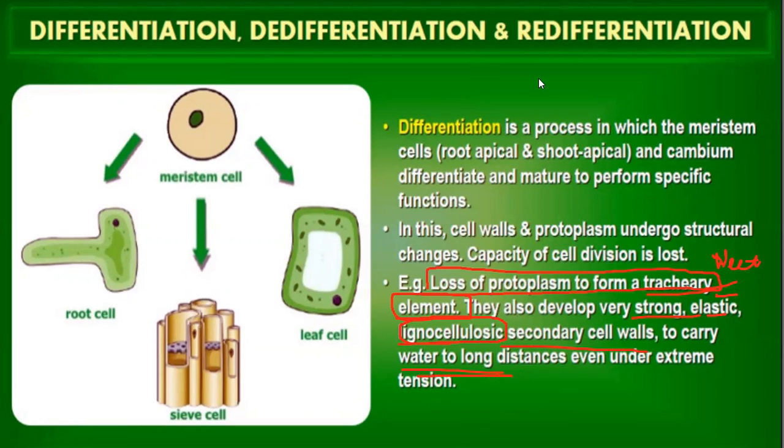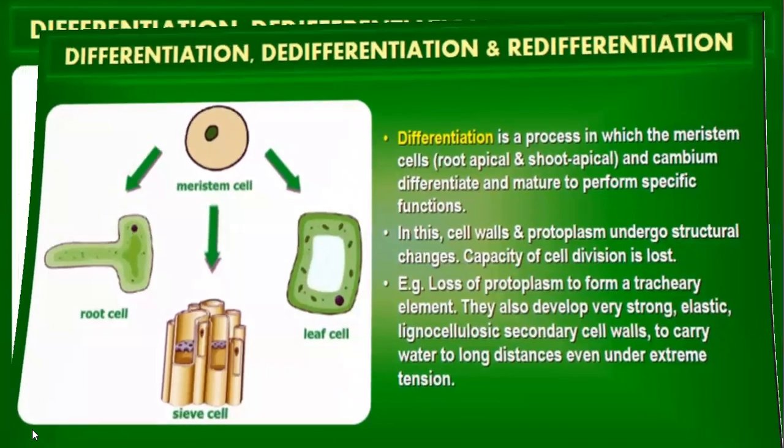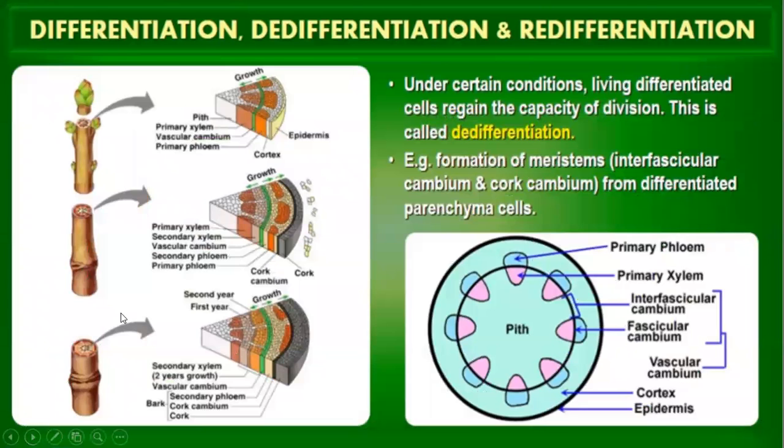So that is differentiation, the process by which the cells differentiate and mature to perform a specific function. Is it clear, everyone? Let's move to the next one, de-differentiation. You may be confused with the terms differentiation, de-differentiation, redifferentiation. Differentiation means a particular cell or tissue matures to perform a specific function.